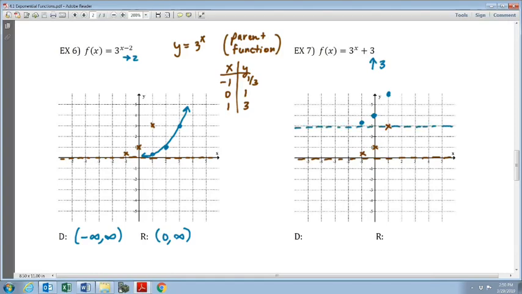And so it's going to look like that. And there's our graph. And so our domain is still all real numbers, which it always will be with an exponential function. And notice our lowest y value, we don't quite hit 3. It'll be 3 to infinity. There is no highest point.